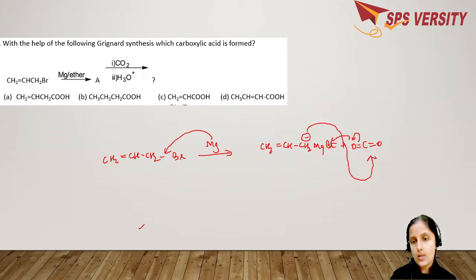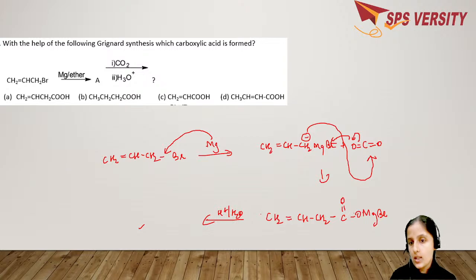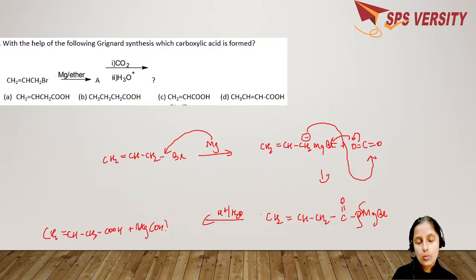This will take up MgBr. And you are going to get CH2 double bond CH, CH2, C double bond OMgBr. Which on hydrolysis, you are going to get CH2 double bond CH, CH2, COOH, and Mg(OH)Br. So the correct answer would be CH2 double bond CH, CH2, COOH.